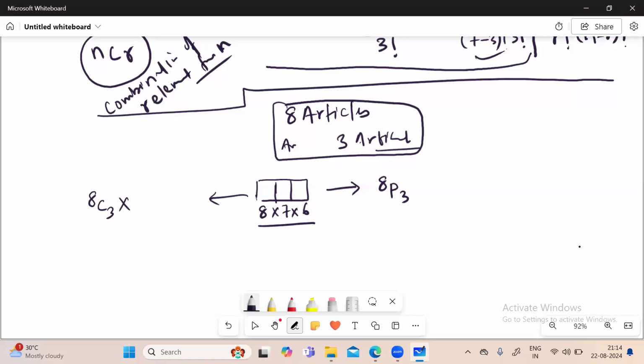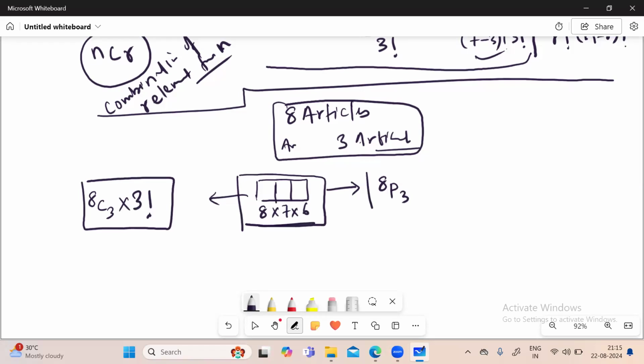The total number of groups would be 8c3, and then arrange later, that each group can be arranged in 3 factorial ways. So are you visualizing that all these 3 things will give you the same value? All these three are the answer for this only. Are you able to visualize that? बोलो जल्दी. Yes, sir.